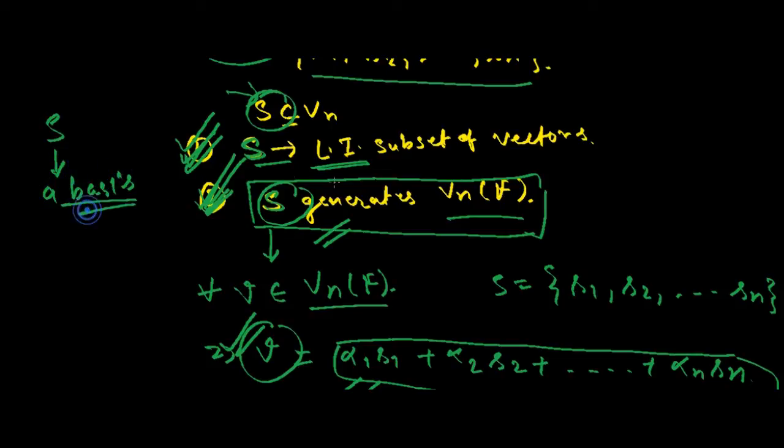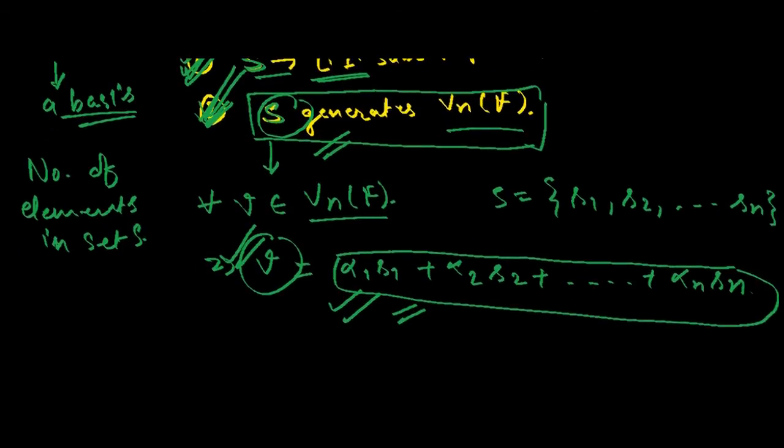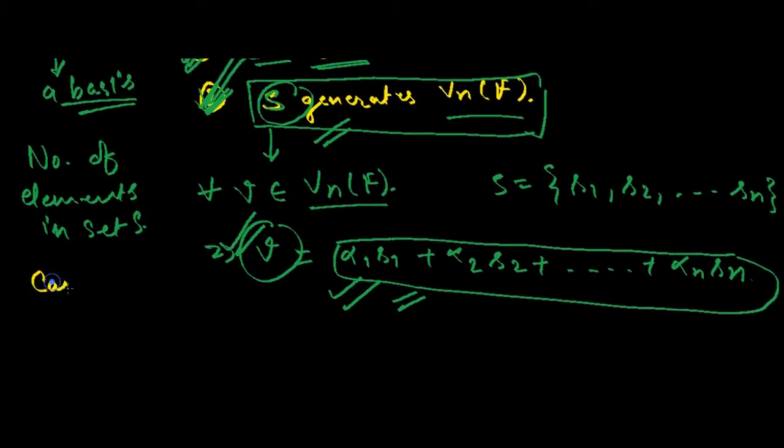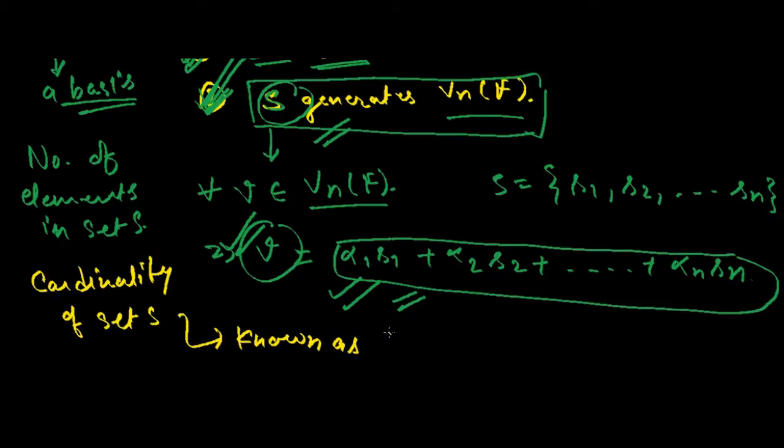And the number of elements in set S, or in other words the cardinality of set S, is known as the dimension of the vector space.